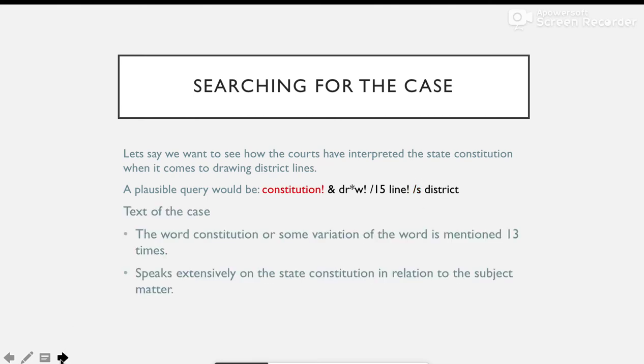So looking at how this would apply to our case, would the results of this search generate our case?